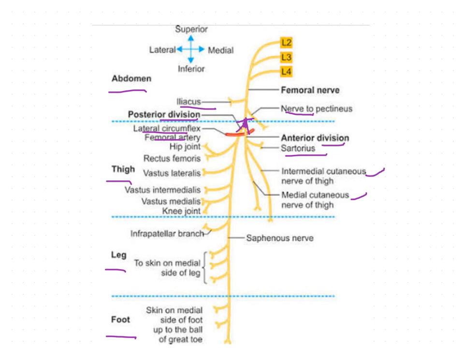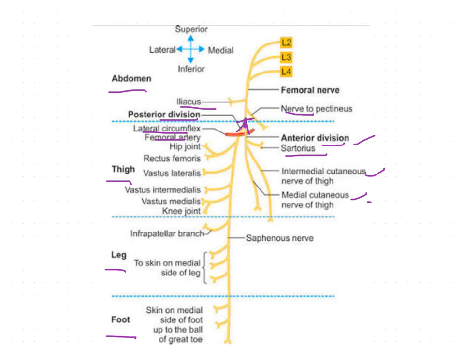Some vascular branches also arise from this anterior division, that is, some sympathetic fibers to the femoral artery.